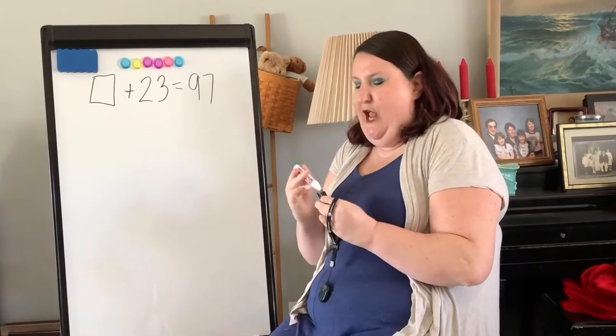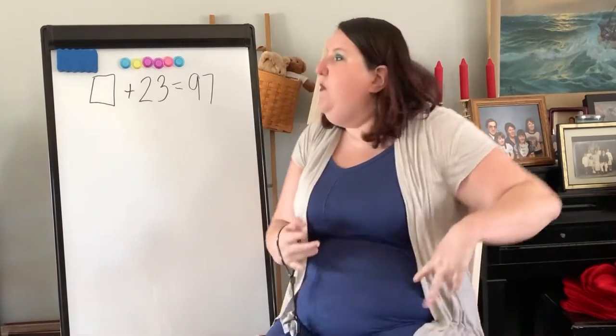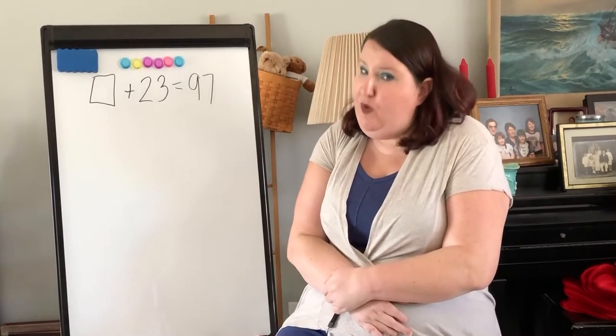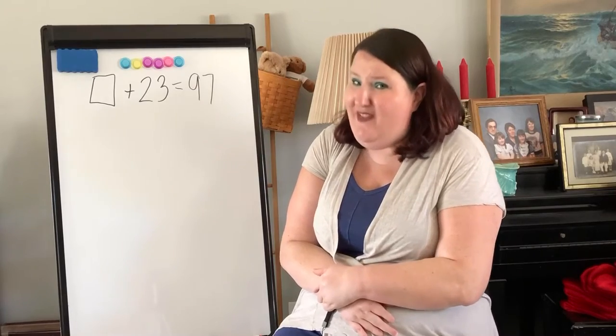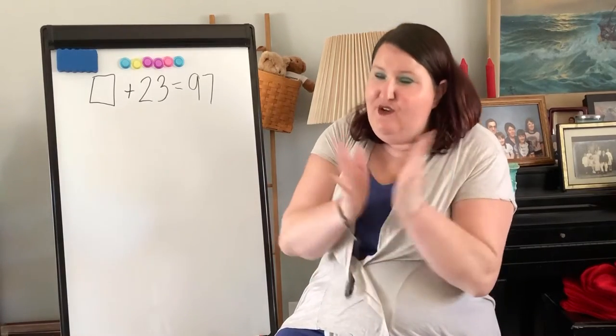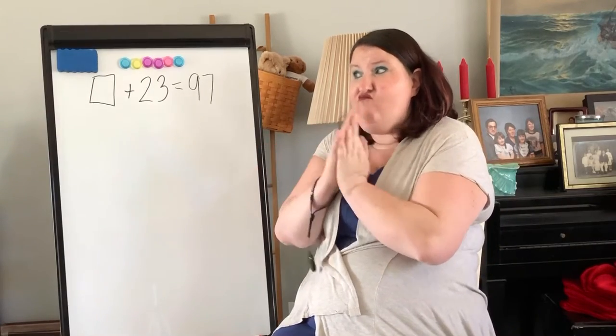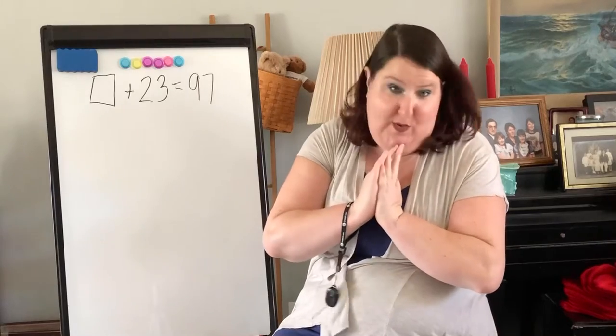All right, so let's talk about this. In the first example, we had a subtraction symbol. And I told you that in order to find that unknown, we had to actually add the numbers together. Do you think that's going to be the same case with this? No, boys and girls.